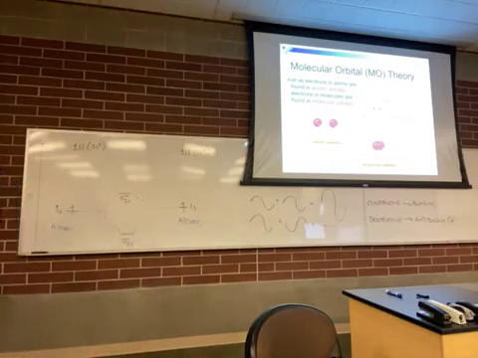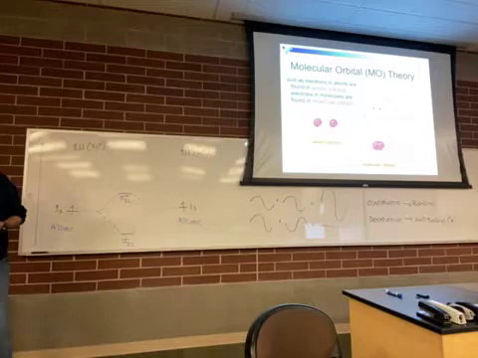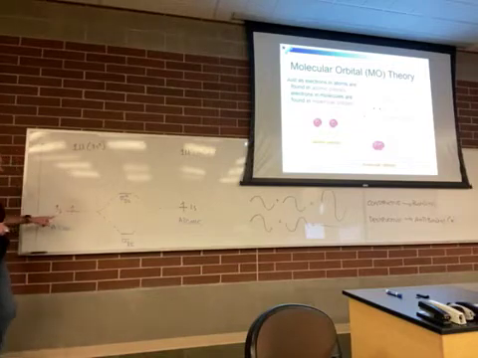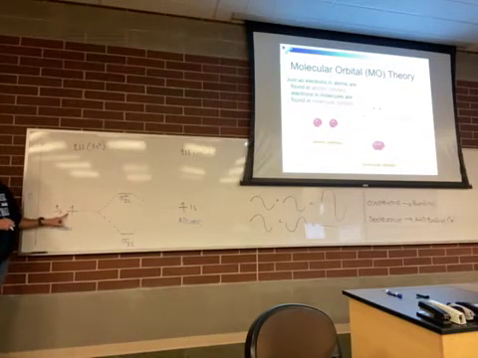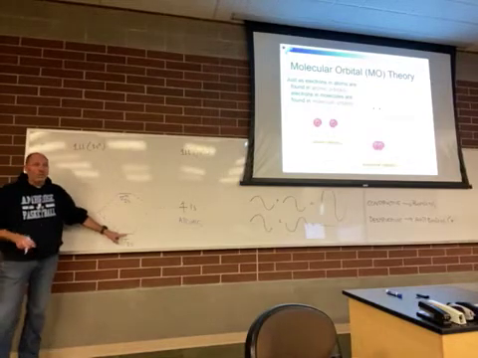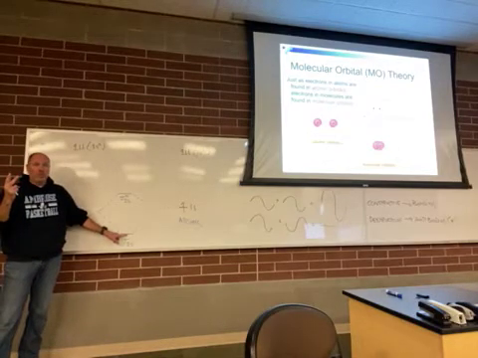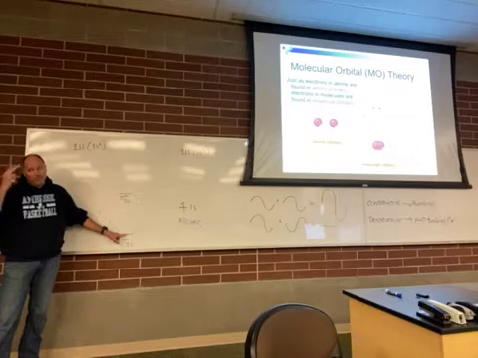So here's what happens when 2 hydrogen atoms bring their atomic orbitals together into a molecular orbital. How many electrons can I fit in an atomic orbital? 2. Likewise, a molecular orbital can only hold 2 electrons. Okay?